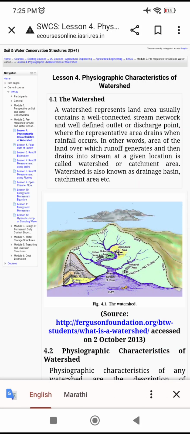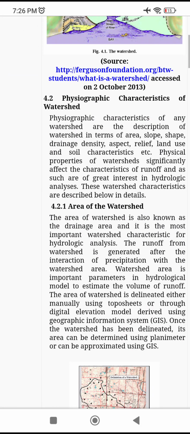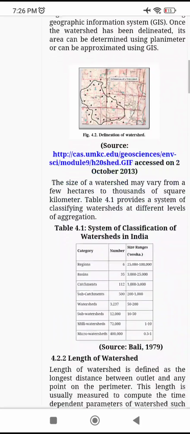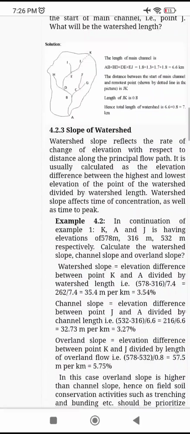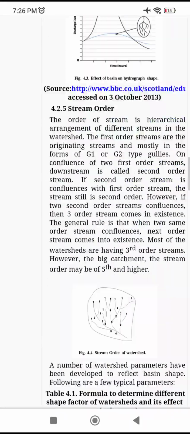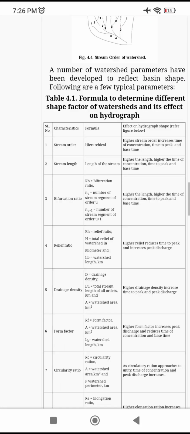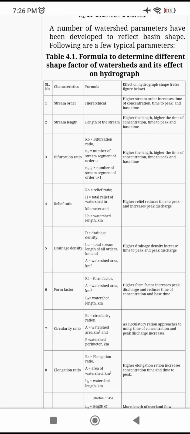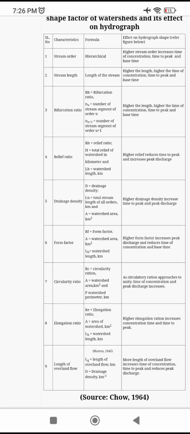Now, what are the physiographic characteristics of a watershed? Again, the watershed part is coming. Area of watershed, length of watershed, slope of watershed, shape of watershed, stream order. Here you will find all the definitions in this particular part.